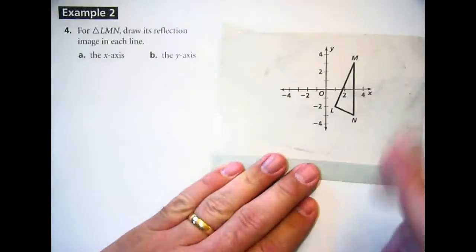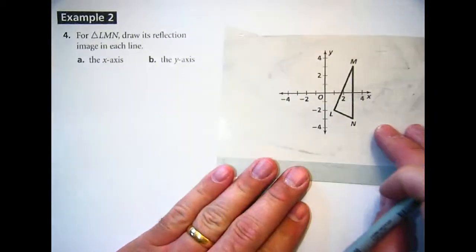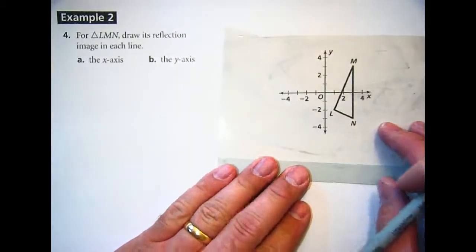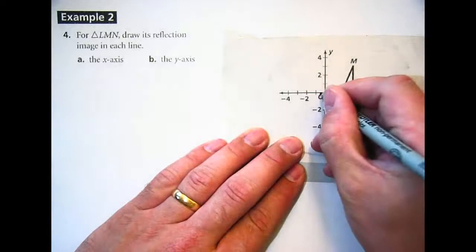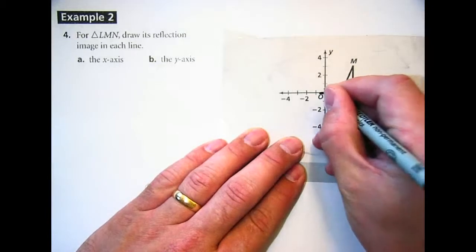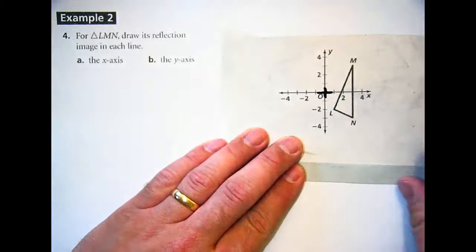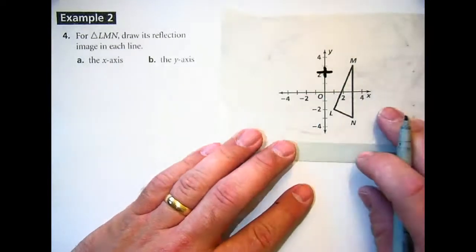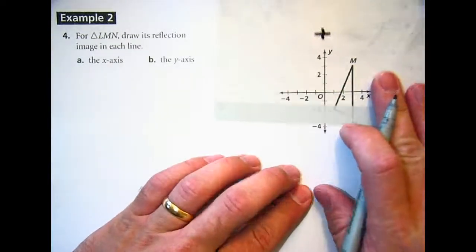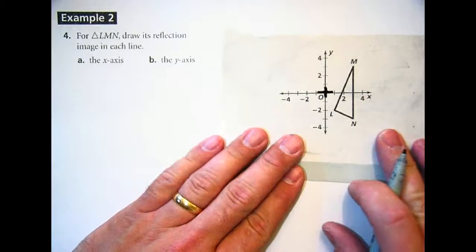What we're going to do is take our plastic and first have some way to show where we're at. So what I do is I trace the origin like that. I just put a little piece.